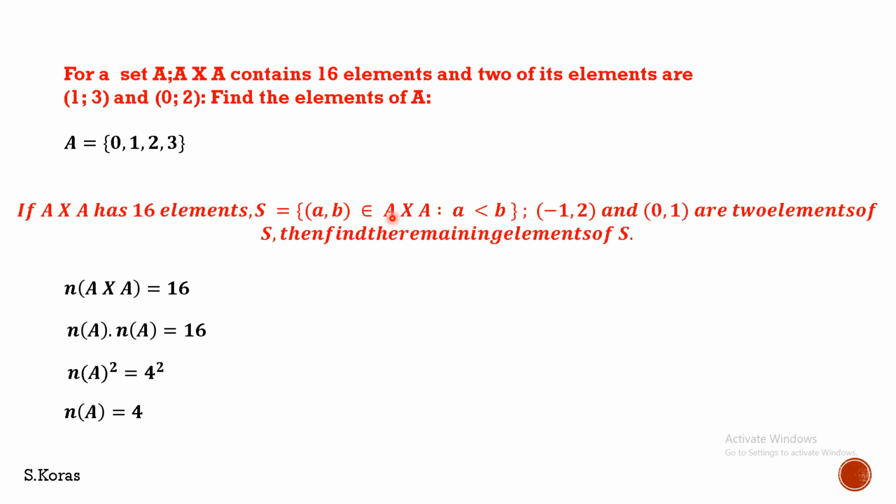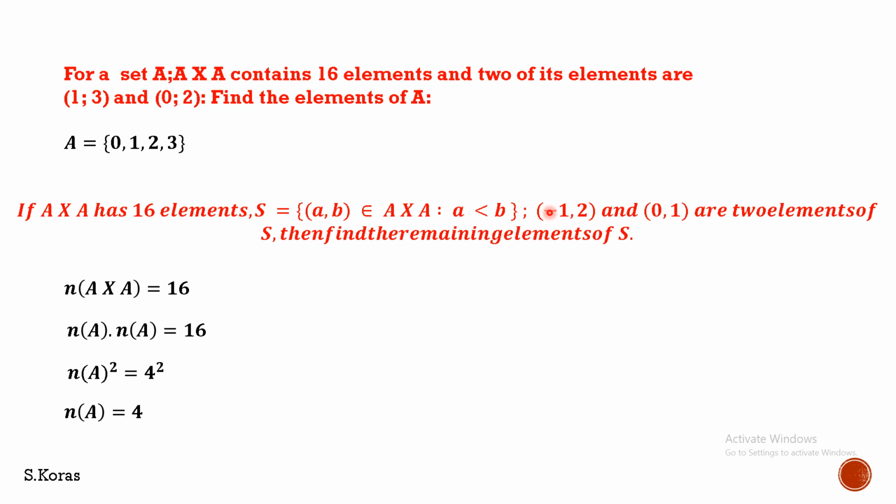According to this statement, this a comma b belongs to A cross A. It implies the first element belongs to the set capital A and the second element also belongs to the set capital A. So this element minus 1 is from A, this 2 is also from A, 0 is from A and 1 is also from A. So all these 4 elements are from A. Already you know the number of elements in the set A is only 4.